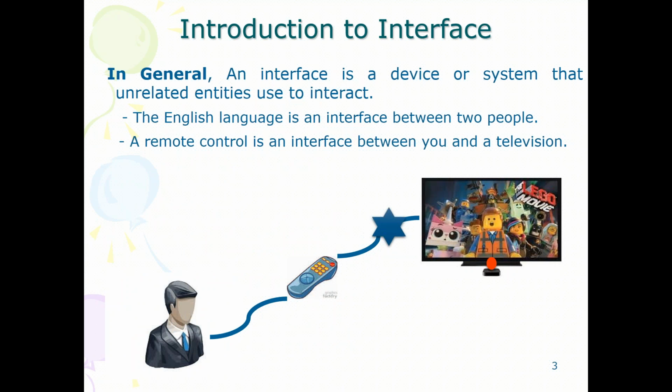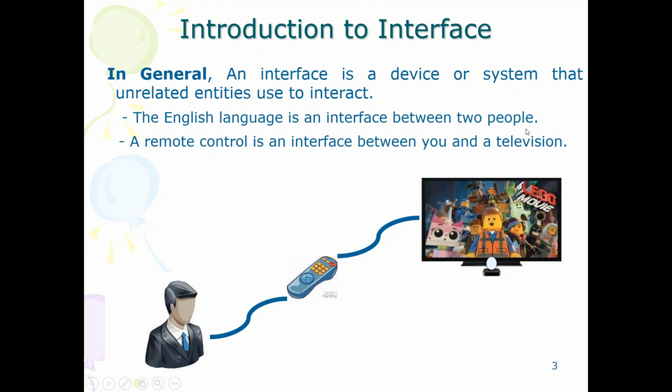Look at a real scenario: what exactly does interface mean? Let me give an example, a remote and a TV. In general, an interface is a device or a system that unrelated entities use to interact. The English language is an interface between two people, yes or no?